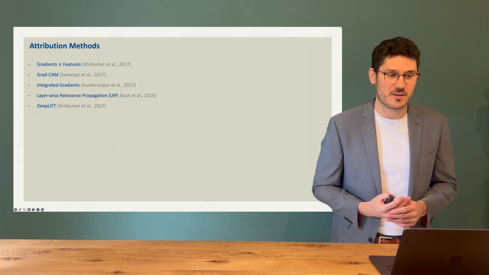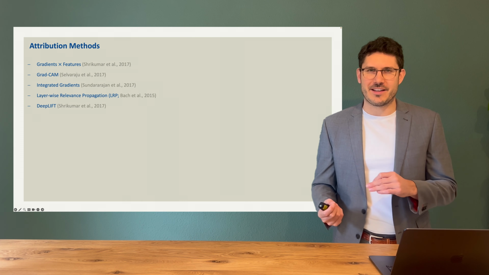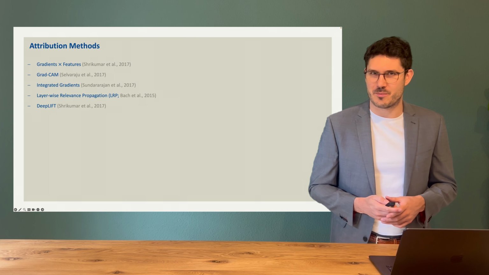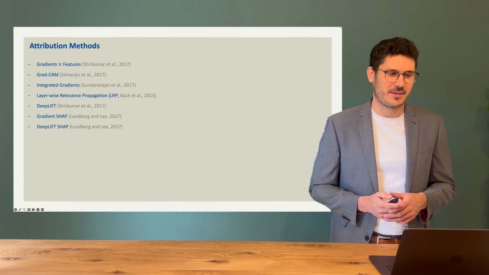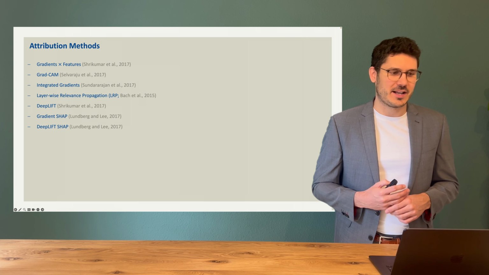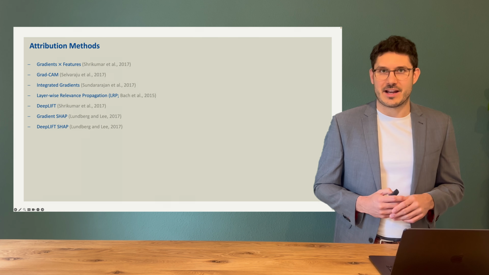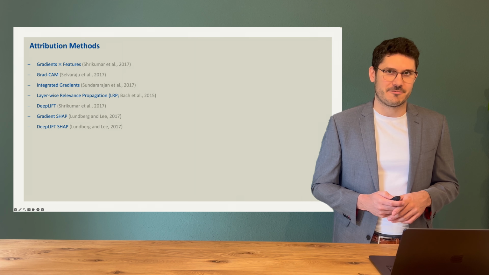There's layer-wise relevance propagation and DeepLIFT, which do not exactly compute gradients, but have another strategy of backpropagation. And there's GradientSHAP and DeepLIFT SHAP, which are very similar to integrated gradients and DeepLIFT, however, use a baseline that is determined by the training data.